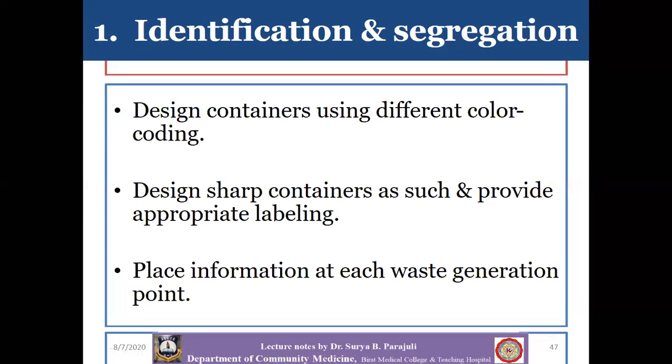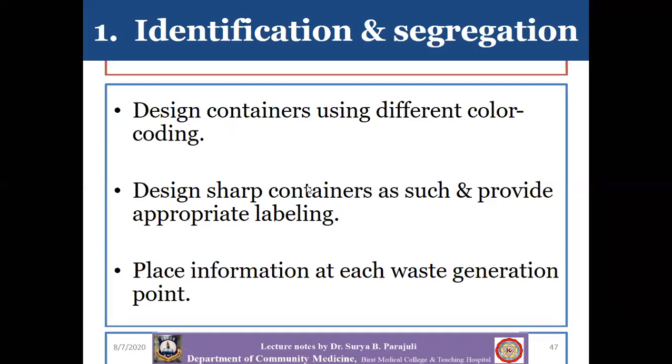Regarding identification and segregation, you need to design containers using different color coding. Maybe in your ICM posting or even during a hospital visit, you can find different color-coded buckets for segregation of healthcare waste.